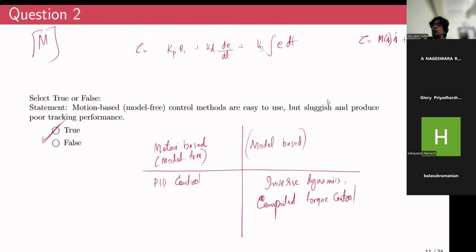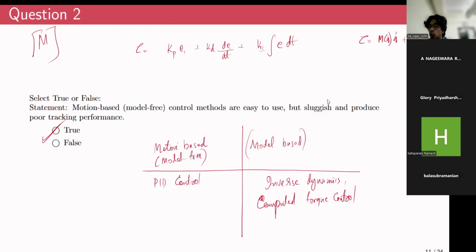Because of low torque, it has to wait until the error grows so that more torque can be applied. So it has to wait for some time in order to do some corrective action. In that regard, these model-free controls are sluggish, but they are also easy to use, right?